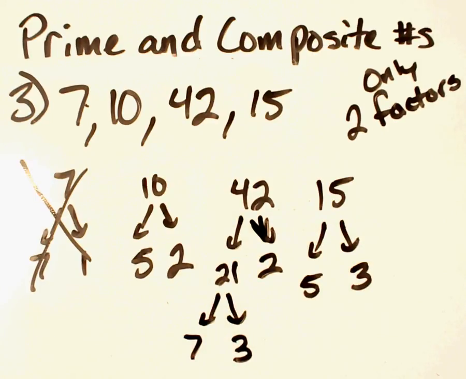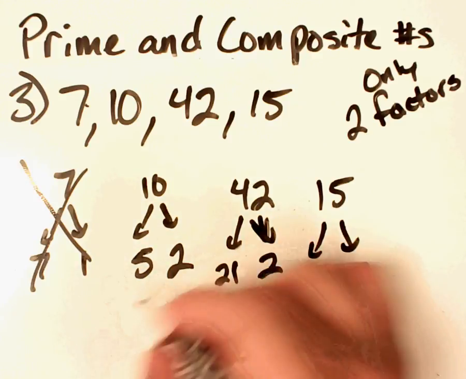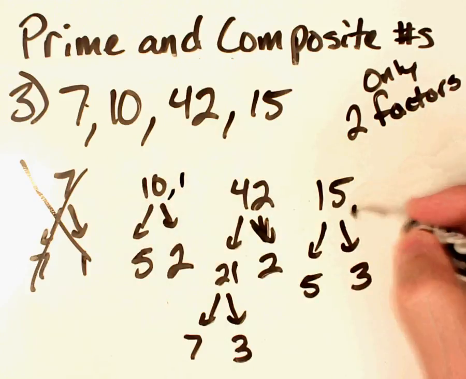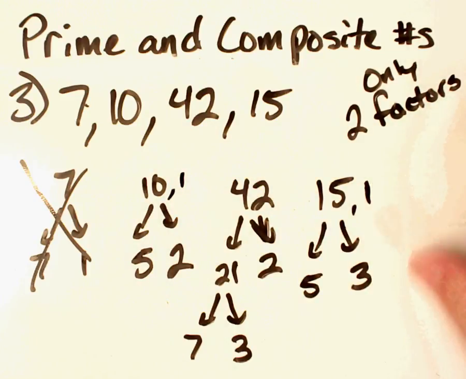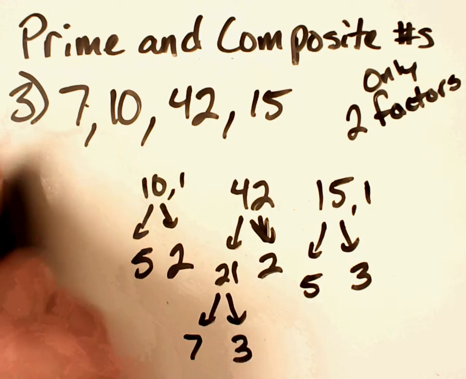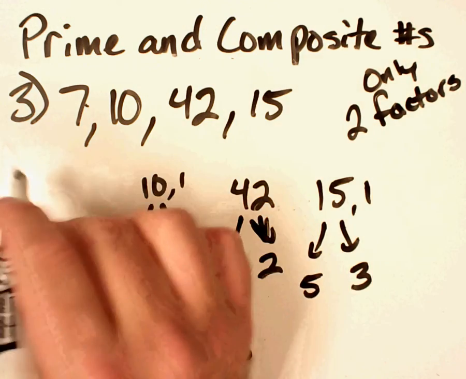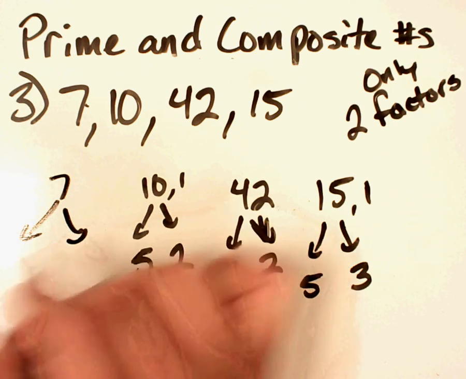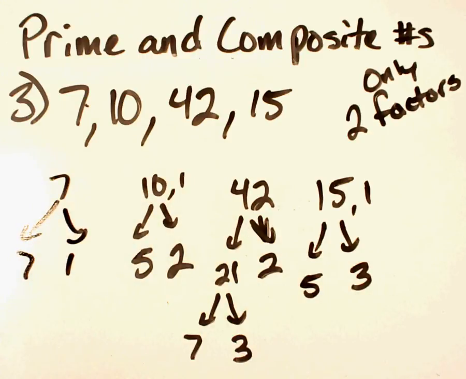All right, so it looks like this question is counting the actual number and 1 as one of the factors. So because of that, what I originally mistakenly said was wrong was actually my right answer. So the problem is counting 7 and 1 as the factors.